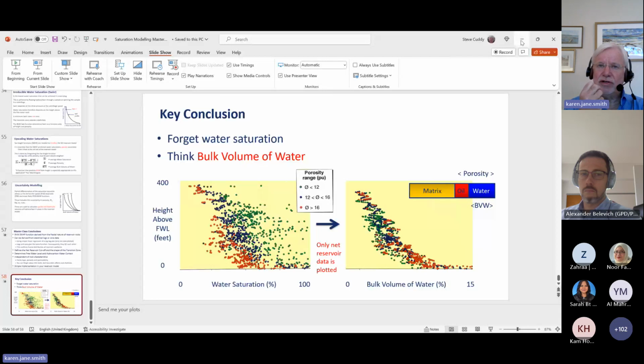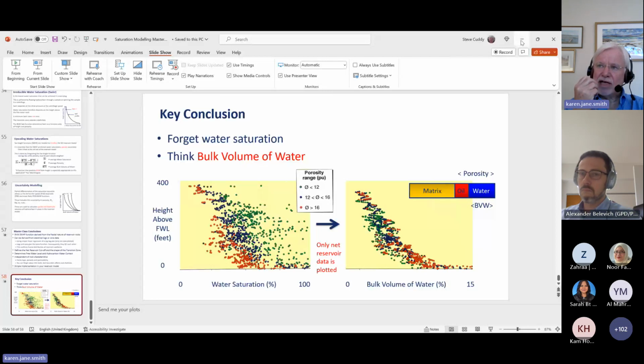First of all, you need to determine your net cutoff, because the BVW is equal to the porosity in the non-net. But where the porosity is sufficient to hold hydrocarbon, for the pore entry pressure for the hydrocarbon to enter the smaller pores, that is net reservoir. So you first derive your net cutoff, and all subsequent plots only plot net data.